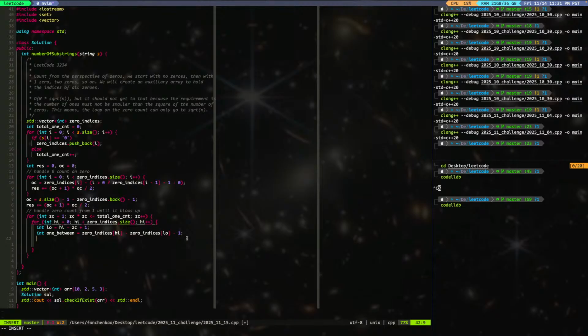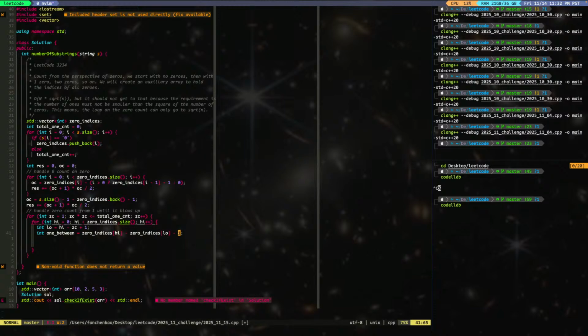So I have this. This is actually not true. It's not -1. So I have index equals 0 on the high, index is 0 on the low. I want to know how many ones are in between. So what I do is I do index high minus index low minus 1.